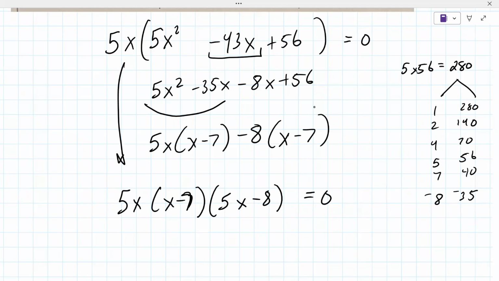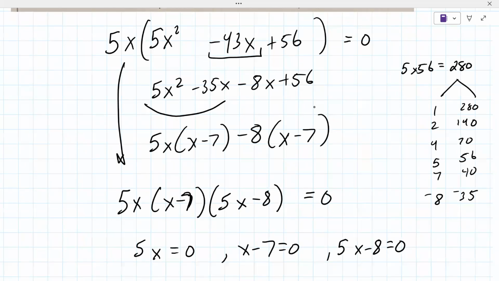Most often the students will forget to bring down the one in front. So then it becomes 5x equals 0, x minus 7 equals 0, 5x minus 8 equals 0. And you still have to solve each of these.